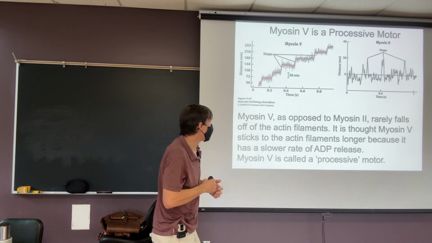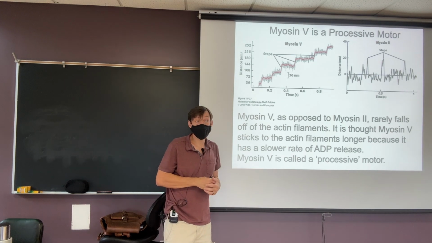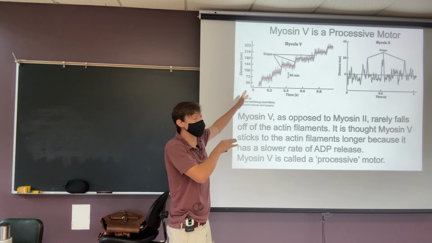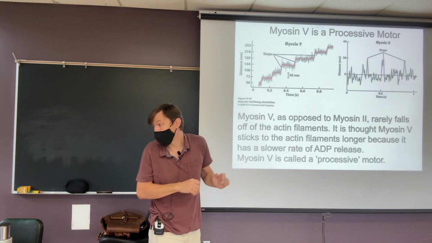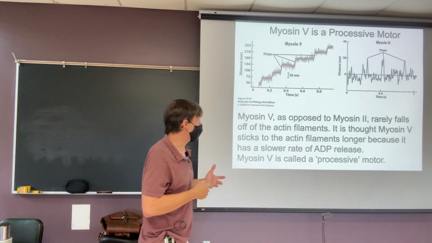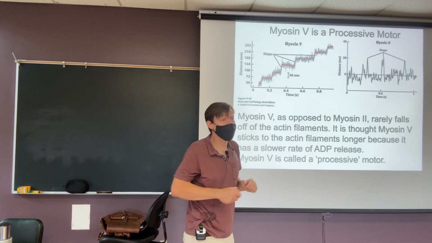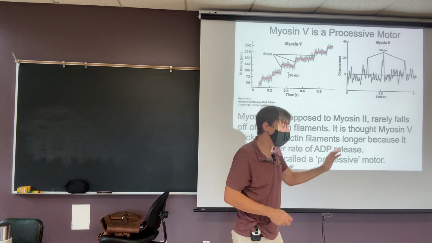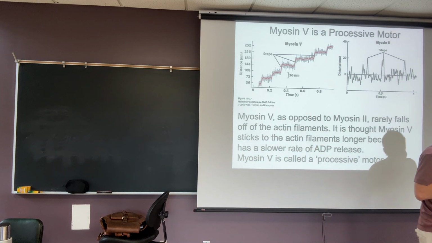And it turns out that in terms of its function, these properties are really important. Mainly because myosin 5 needs to move cargoes, so when it makes forward progress, it wants to stay put and then continue making forward progress.